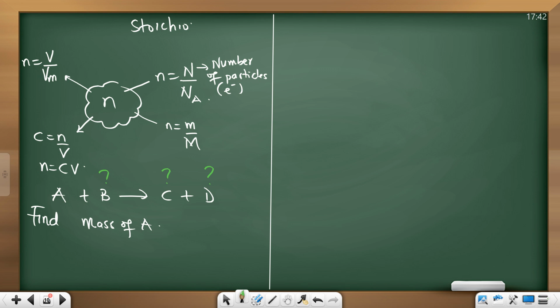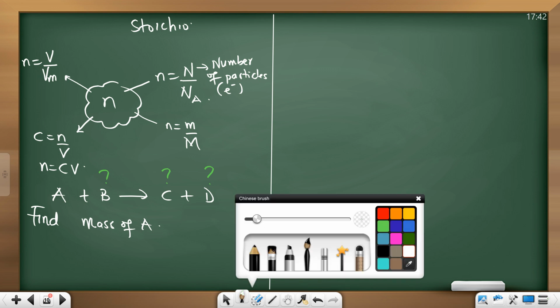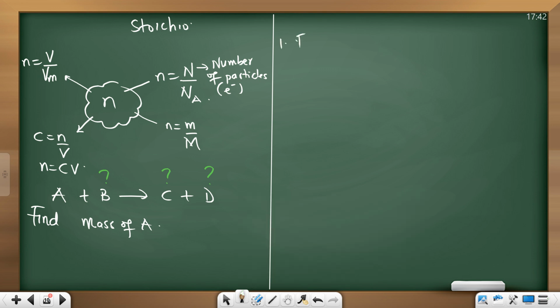What is your first step in stoichiometry? Find the number of moles that reacted or produced. I teach this from grade 10, the exact same way. So you check, what information do I have? Do I have that of B? Do I have that of C?